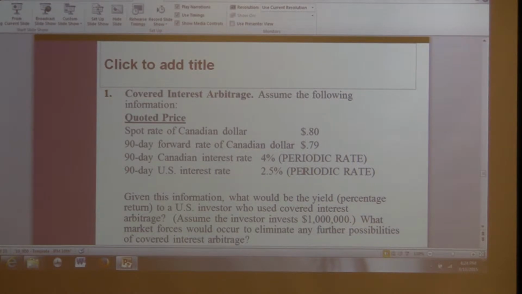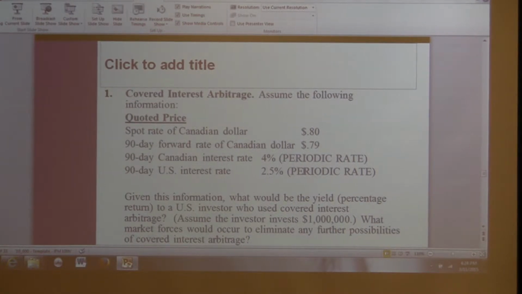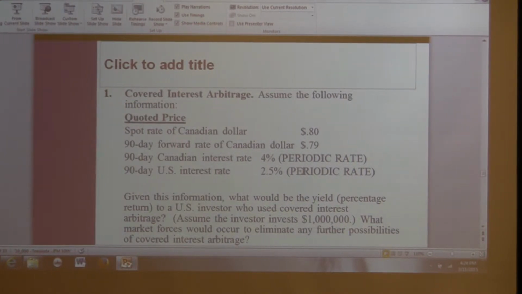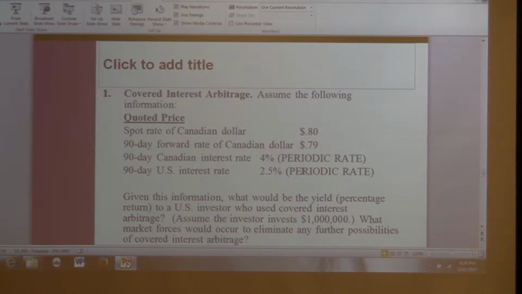And what you can do is you can invest at 4%, okay? So here, in this case, you can invest the $1,250,000 at 4%, okay? At the same time, sell a forward.